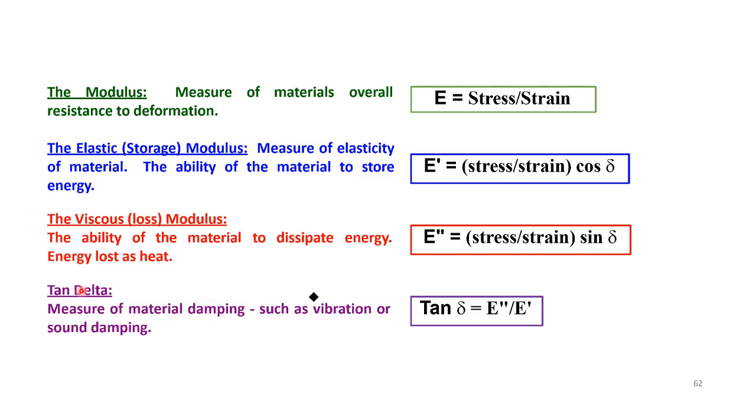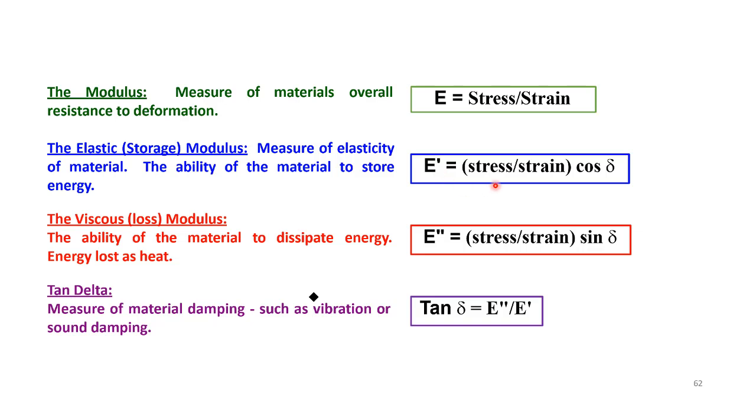So the properties which we observe from DMA, the first one is the modulus. This is the normal overall resistance to deformation. E is equal to stress by strain. However, we also check the elastic modulus or the storage modulus. This is the ability of a material to store energy, and this is the cos delta function of the Young's modulus.